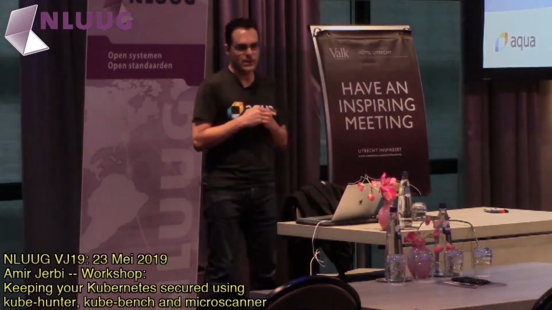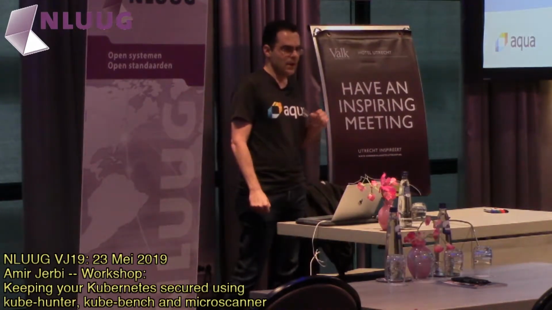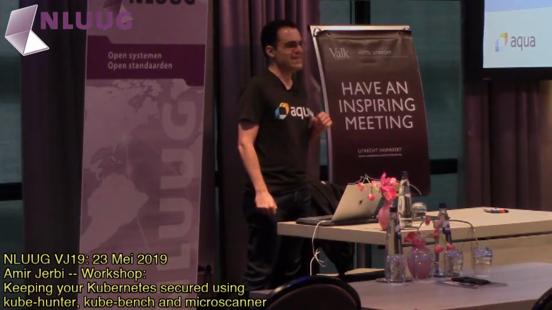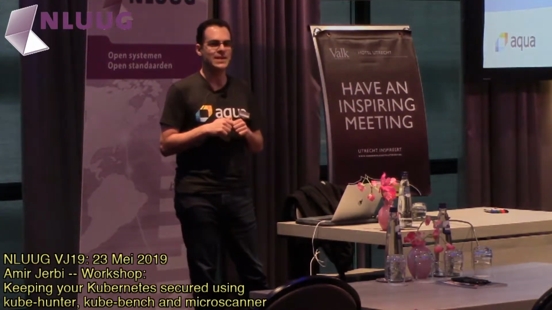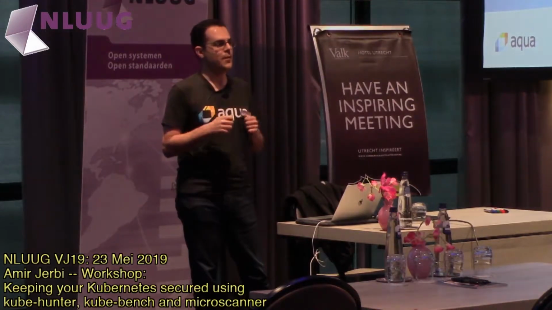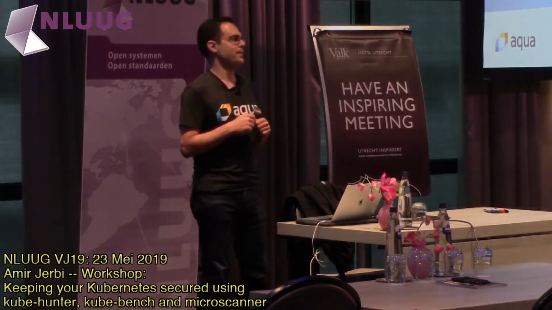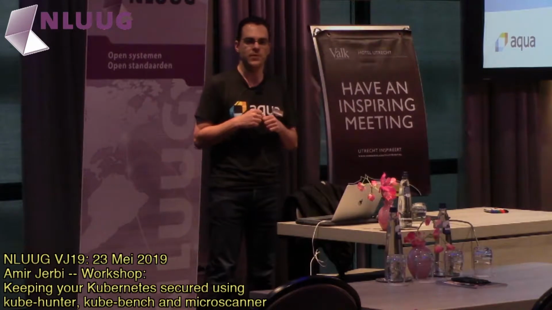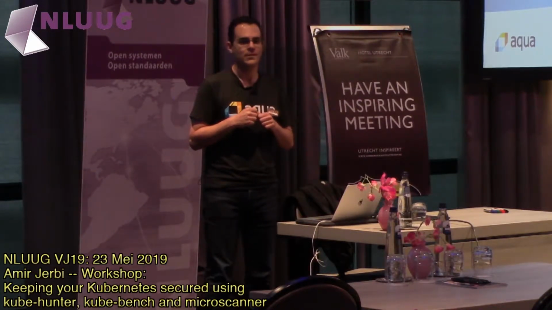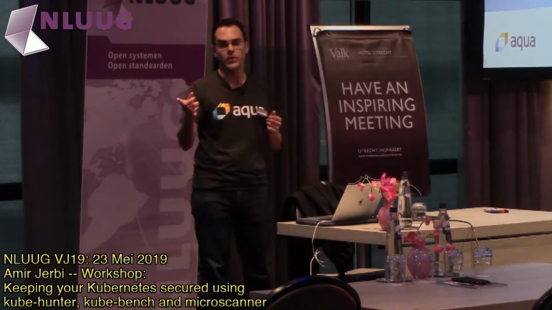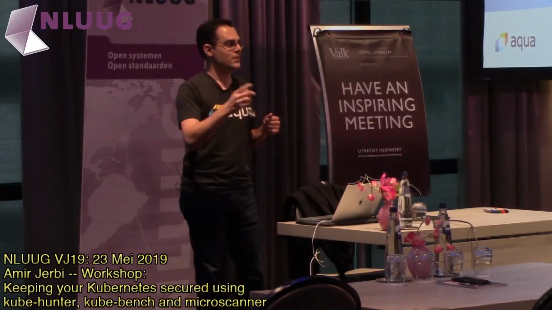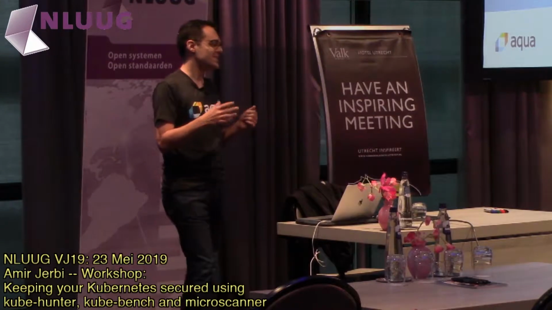So, let's start. The first thing I would like to talk about is configuring Kubernetes. Does someone have an idea here? Give me a number of how many different flavors of Kubernetes you think there are out there. 10? 100? Okay. So it's more, it's 150.